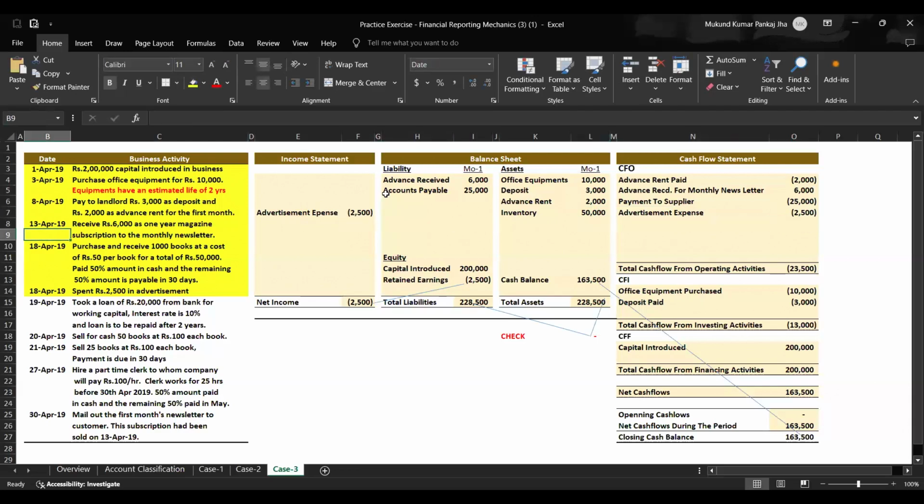Next, took a loan of 20,000 from bank for working capital. Interest rate is 10% and loan is to be repaid after 2 years. Okay. First of all, took a loan of 20,000 from bank.